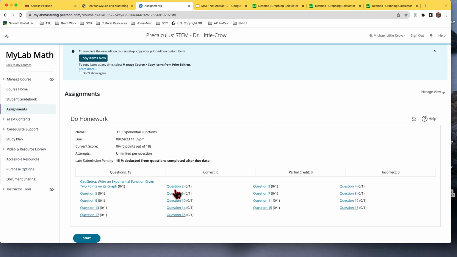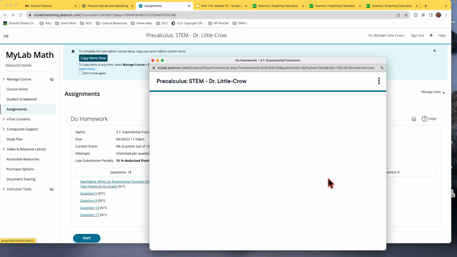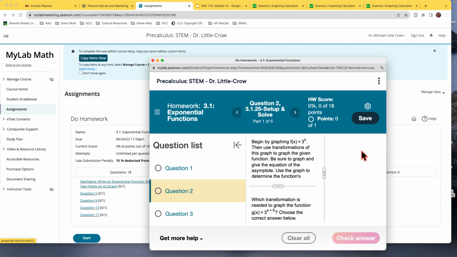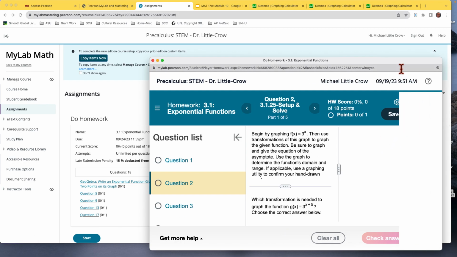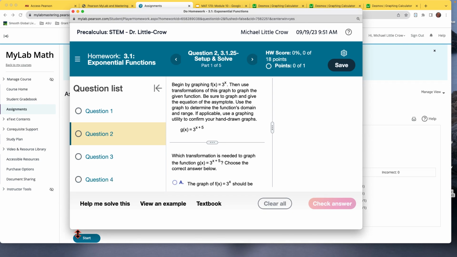Two points on its graph. Let's jump here. There's some GeoGebra questions. And again, what I do with the homework, as long as you can get to 70%, you can kind of pick and choose what you're working through a little bit, but make sure you get the overall gist. And as you come up with questions, go through it.